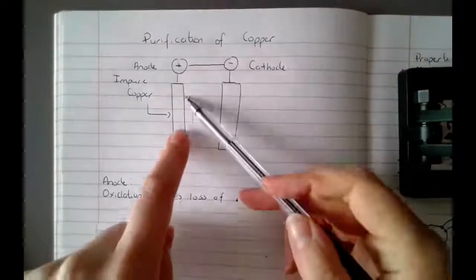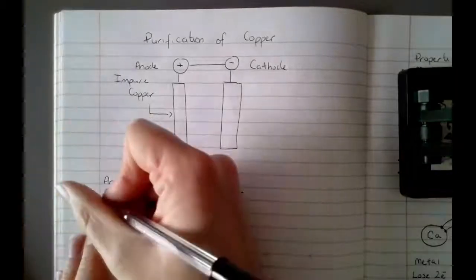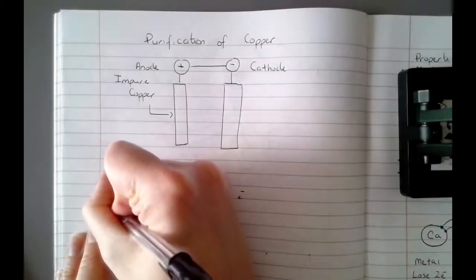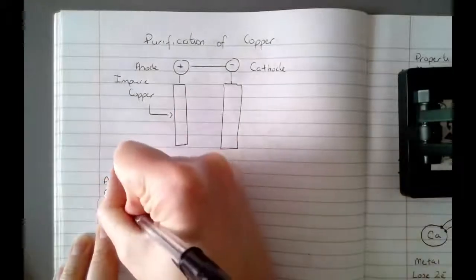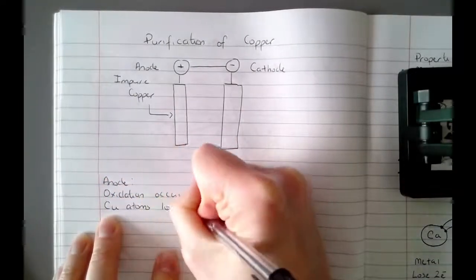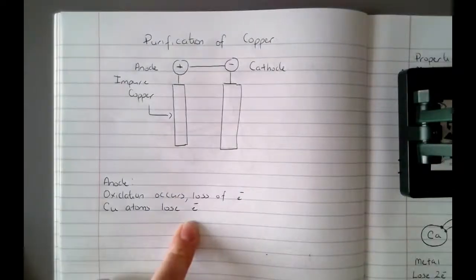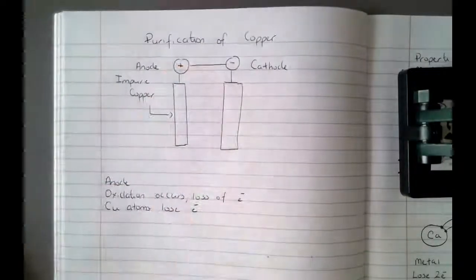In your impure copper, you have got copper atoms. Those copper atoms, symbol for copper is Cu, are going to lose electrons. And again, the reason they're going to lose electrons is because they're connected to the anode, and at the anode, oxidation is going to occur.